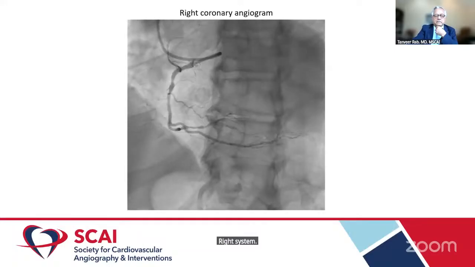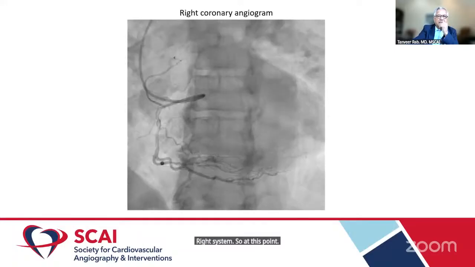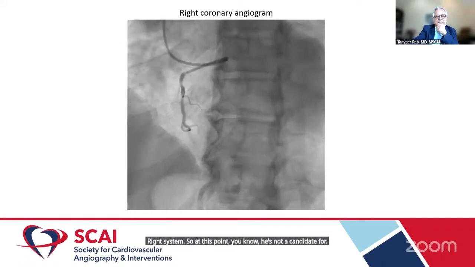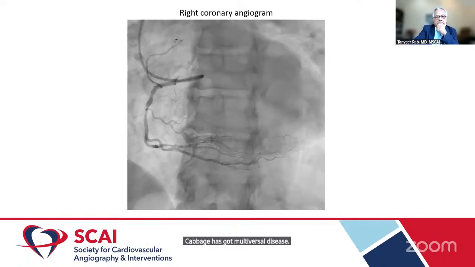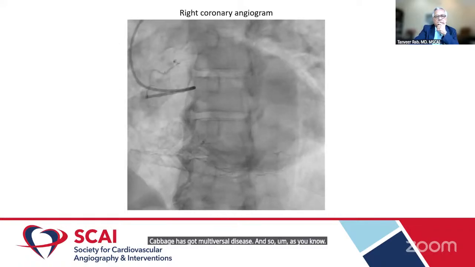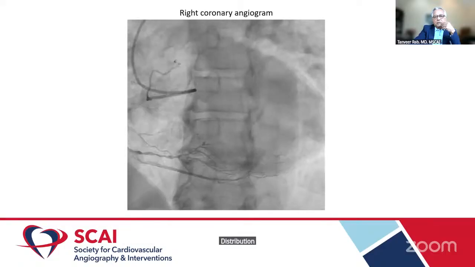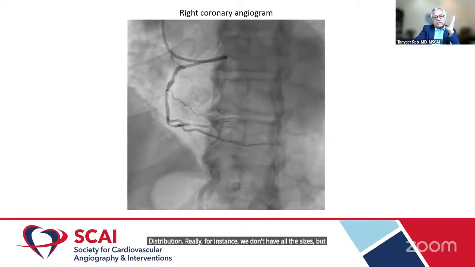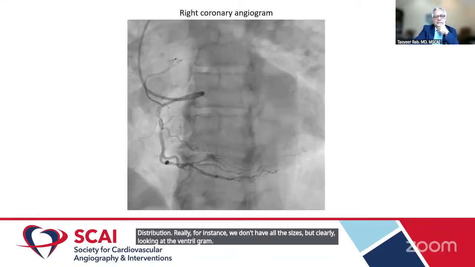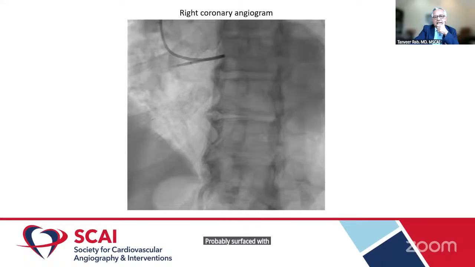At this point, he's not a candidate for CABG. He's got multivessel disease, and as you know, the agent balloon is limited in distribution, really for in-stent restenosis. We don't have all the sizes, but clearly looking at the ventriculogram, the circumflex was probably the culprit more than the diagonal, in my opinion.